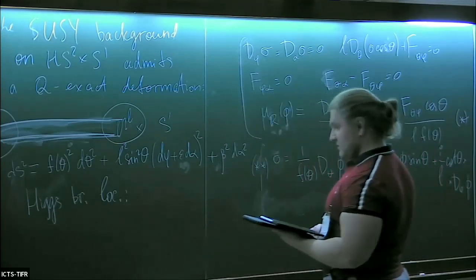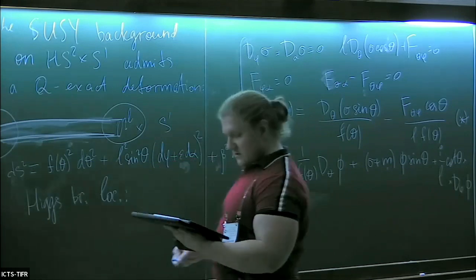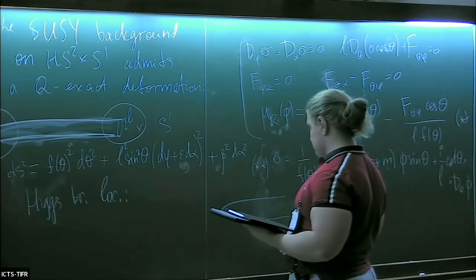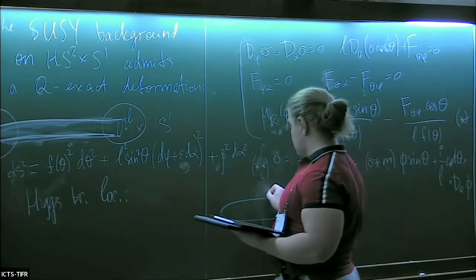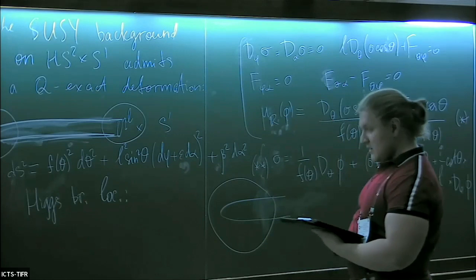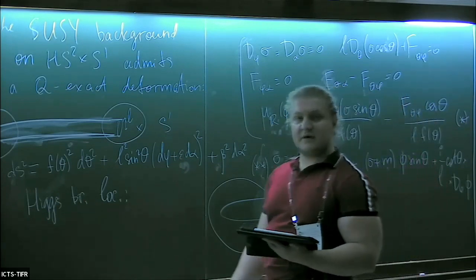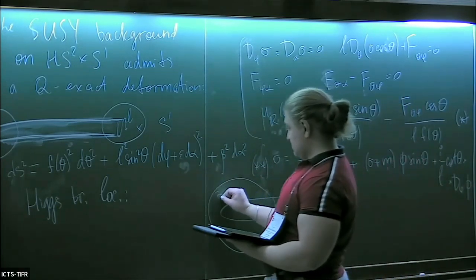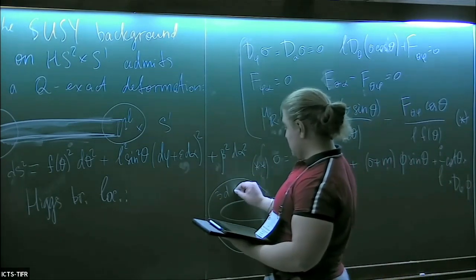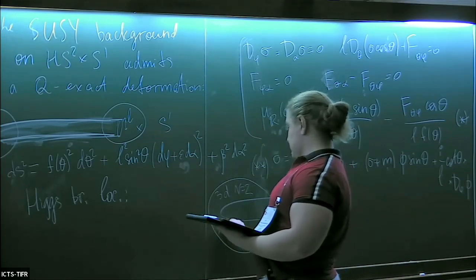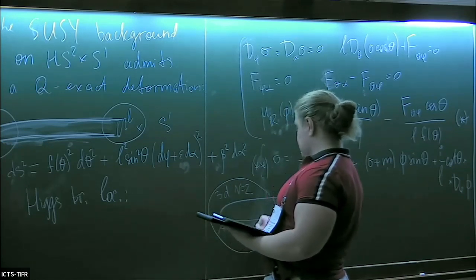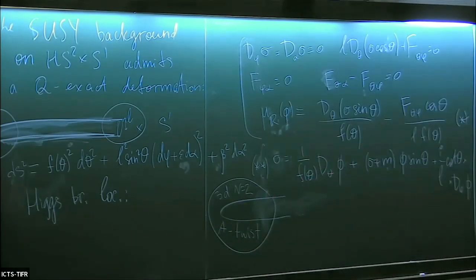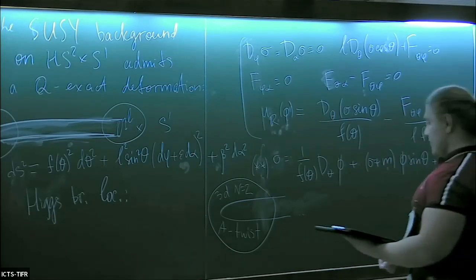When I focus on the region close to the tip of the cigar, so here in this region, the theory approximately becomes A-twisted. So this is the 3D N=2 A-twist. It's still not the same A-twist that appeared in other talks, which is the fully topological N=4 twist. This one is only partly topological.